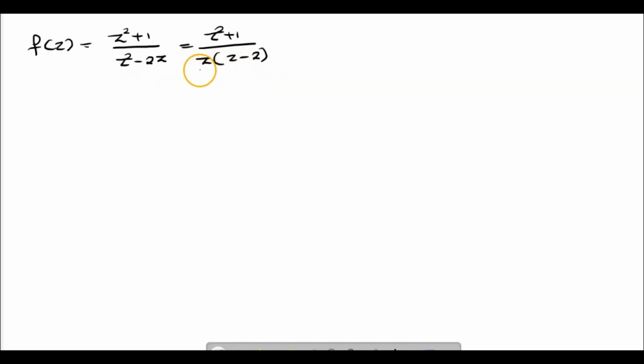First function is f of z equal to z square plus 1 divided by z square minus 2z. First find the poles of this function. So we can write it as z into (z minus 2). Clearly we have two poles, z equal to 0 and z equal to 2, and they are simple poles.